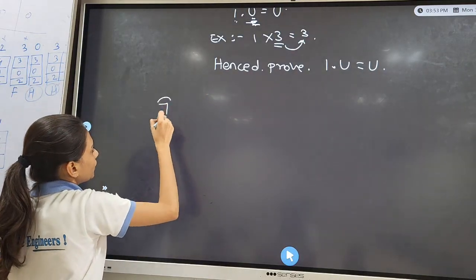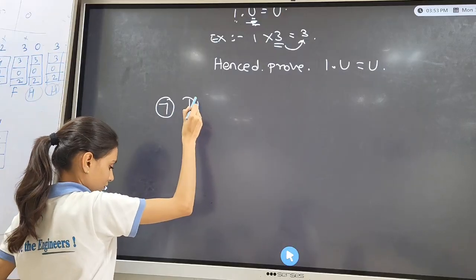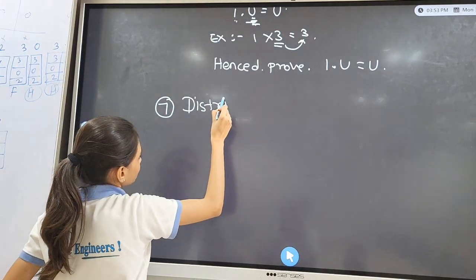Then the seventh property is the distributive property.